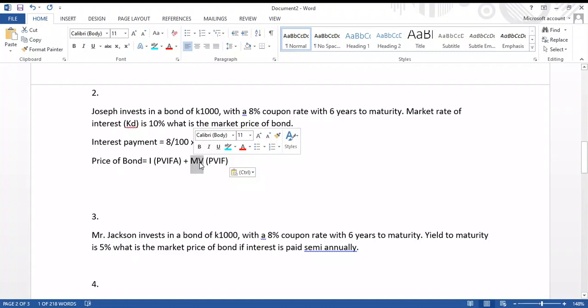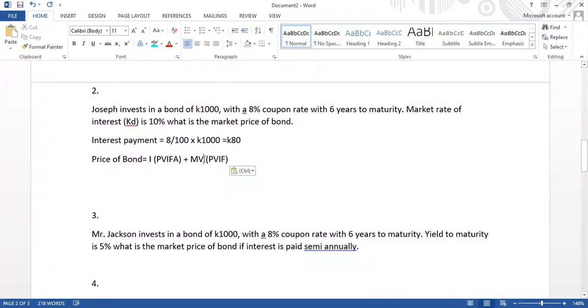This is not market value, this is maturity value, and the maturity value is the same as the face value. So please do not get confused thinking that this is what we're looking for as the price of the bond. No, this is the maturity value, which is the same as the face value, because when the debt matures, that's what you get paid. So to avoid confusion, let me just use the face value here.